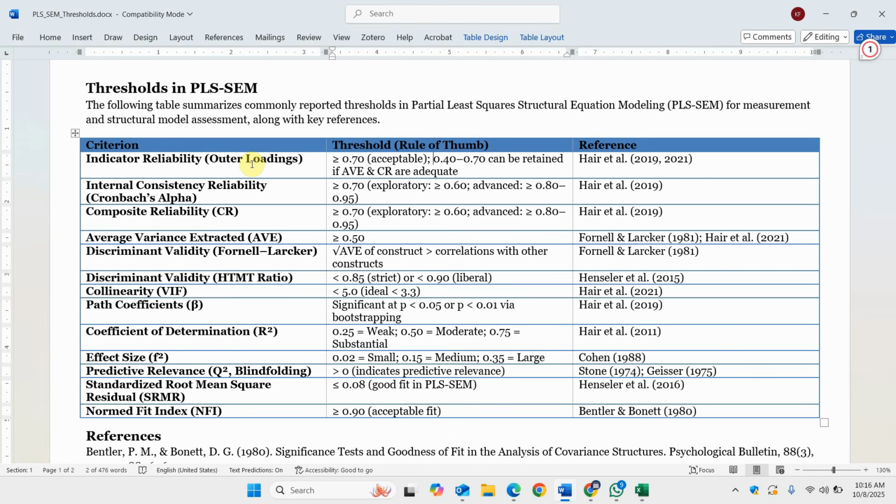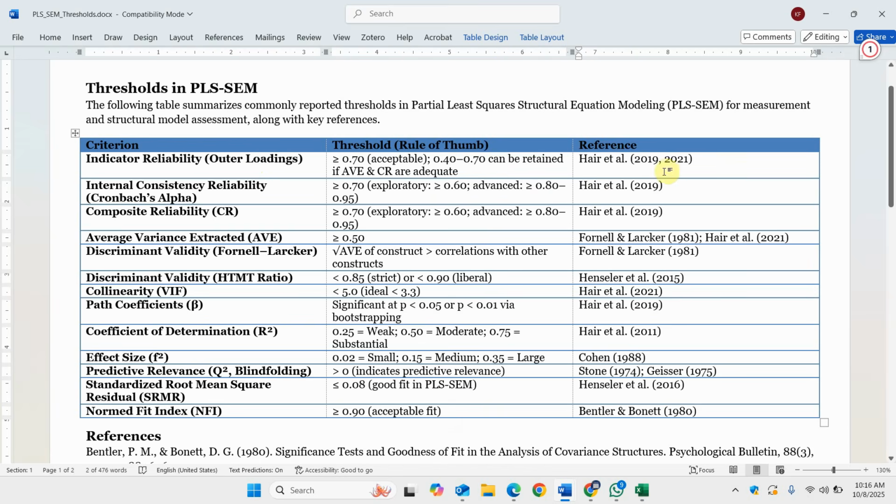Now, what happens is if they are in between 0.40 to 0.70, the items can be retained if your AVE, that is average variance extracted, and CR, that is composite reliability, is adequate. However, if your AVE or composite reliability is not adequate or acceptable, then you can go on and delete those items whose loadings fall between 0.40 and 0.70.